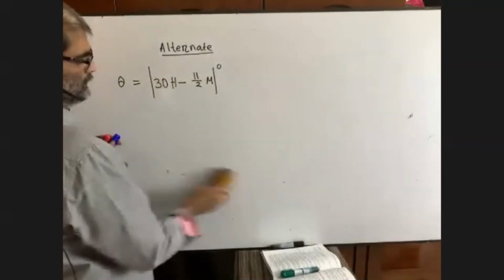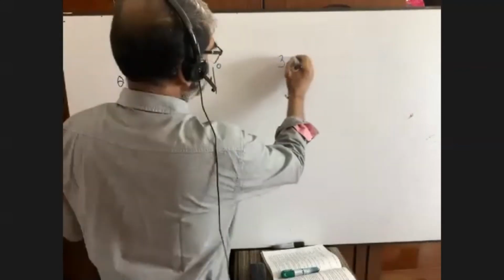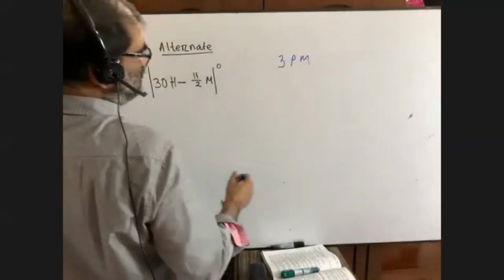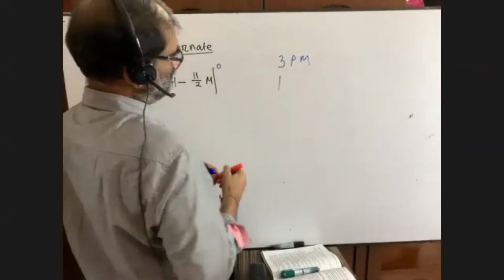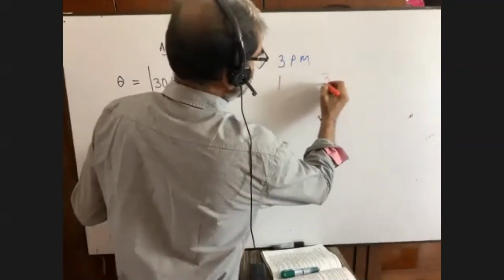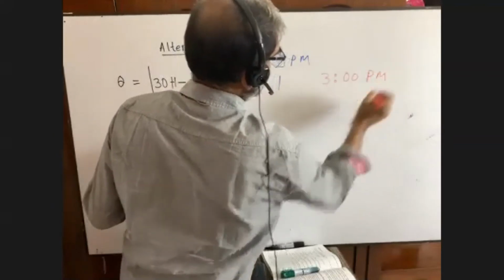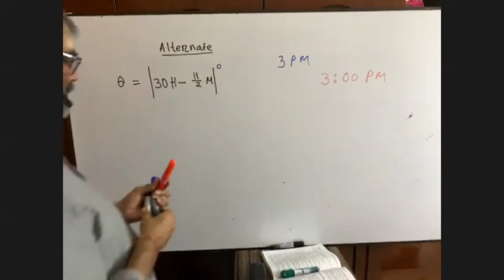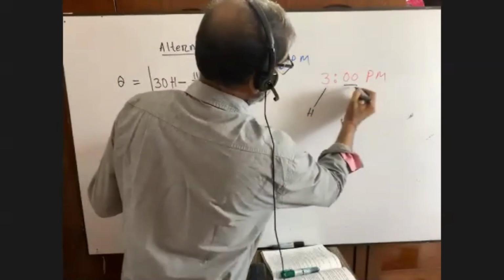Okay, now suppose it is 3 p.m. 3 p.m. can be written 3:00 p.m. Right? So 3 p.m. means it is 3 hour and 0 minute.